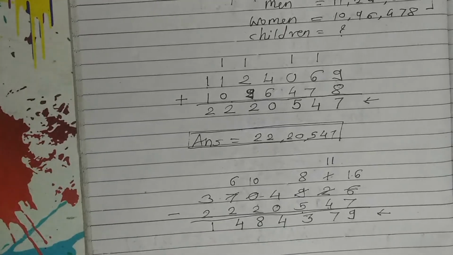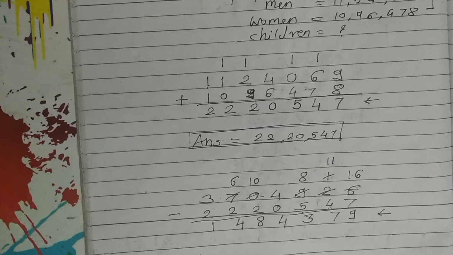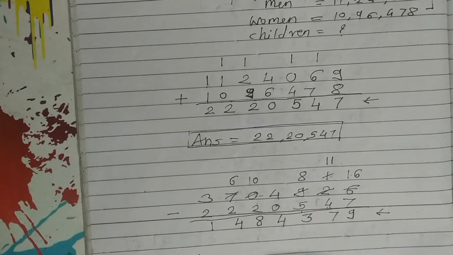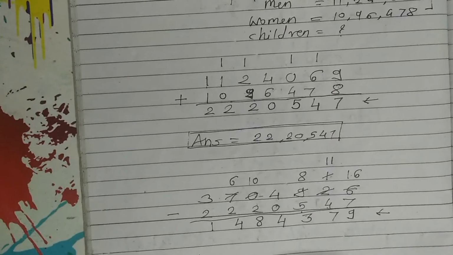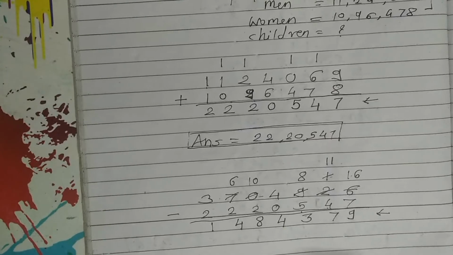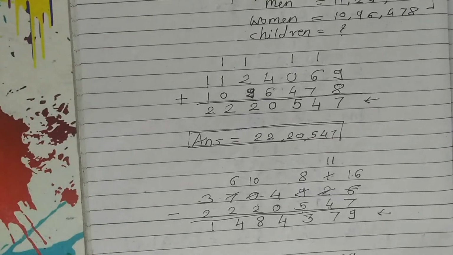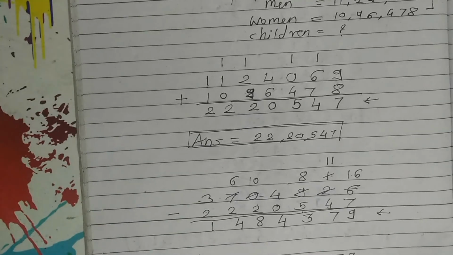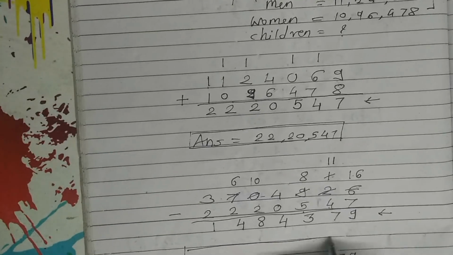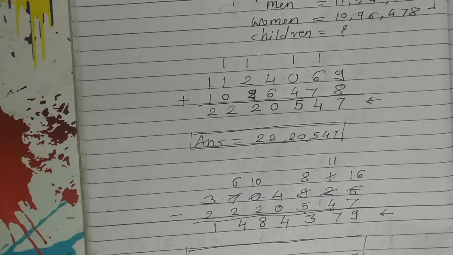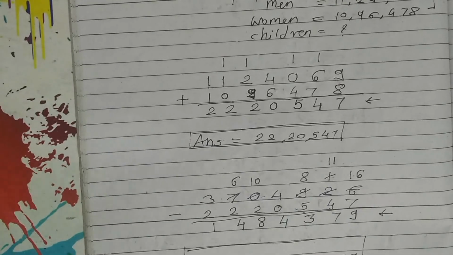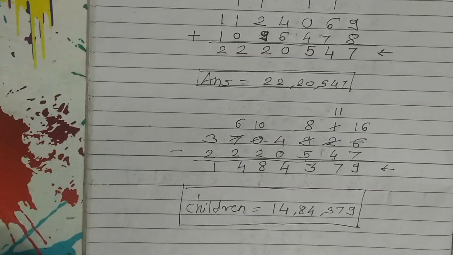So children in that city, the number of children is 14,84,379. This much children are there. So give comma wherever required and make a nice box to your answer. So this is the proper way of writing the answer.